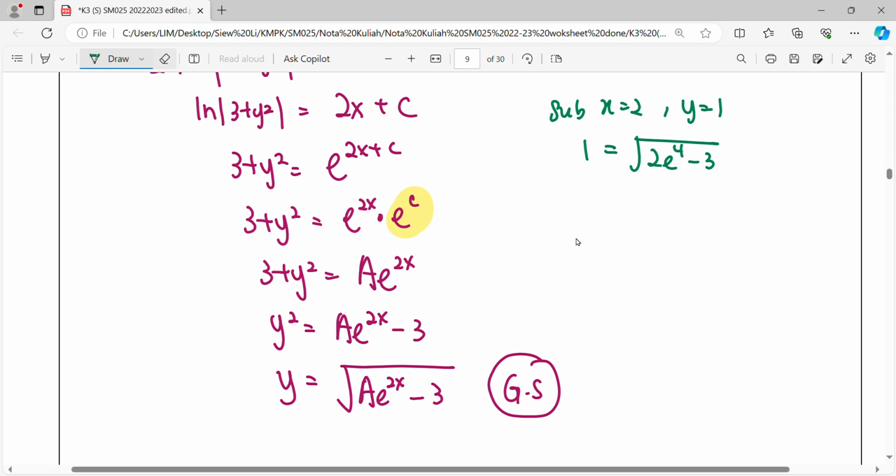We try to find what our constant a is here. So we move the square root, it becomes square, 1 squared is still 1. And then negative 3 moves over and becomes plus 3, which gives 4. This e to the power of 4, when you move it, becomes 4 over e to the 4.